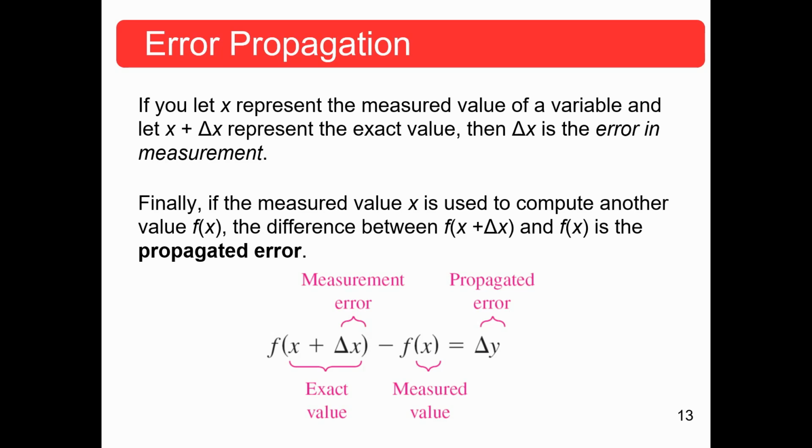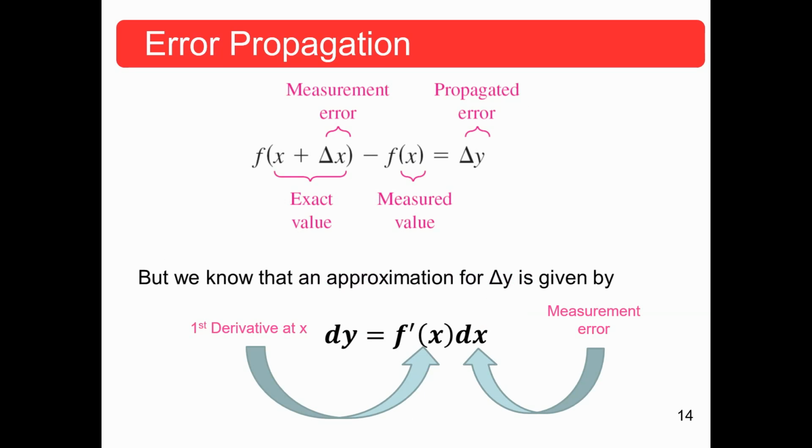So if the measured value x is used to compute another value f of x, then the difference between f of x plus delta x and f of x is the propagated error, okay? So we put that exact value in minus the measured value, which gives us the actual propagated error. That propagated error, delta y, can be approximated with dy, right?